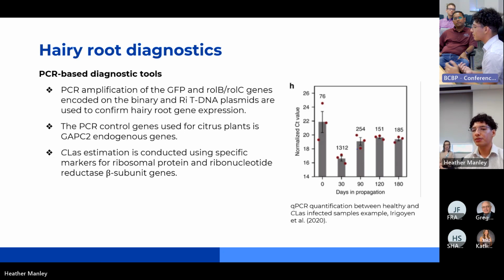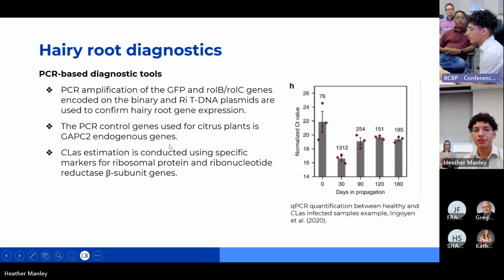Our GFP marker would be that fluorescent signal in this case. And a low CT value would mean that we have high fluorescent signaling, which would also mean that we have high hairy root formation. And a higher CT value would be the inverse of that. So basically, it would take more reaction cycles to be able to send that signal to us and tell us that there's hairy root presence in the plant.